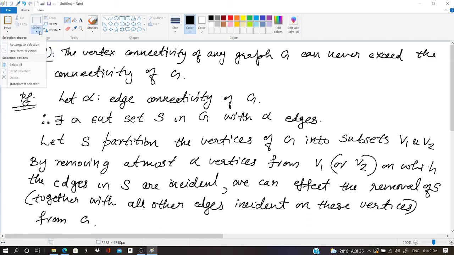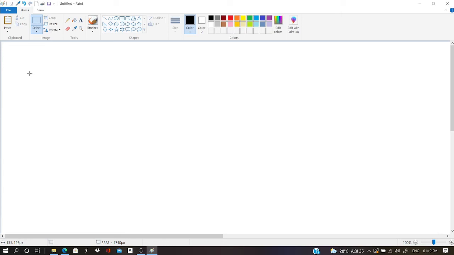Now let us move to a corollary also. Consider the corollary.